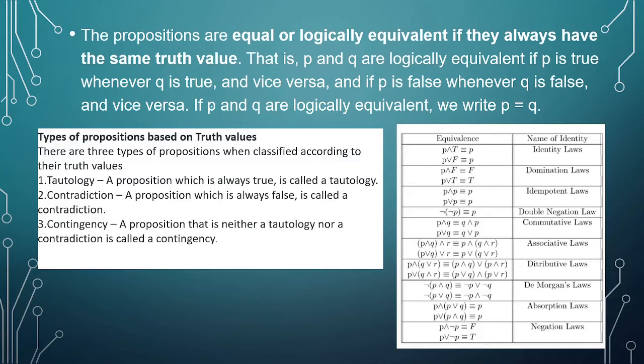So 2 propositions you will say are logically equivalent when they have the same truth value. For example, if P and Q are your propositions, then when will they be logically equivalent? When P is true whenever Q is true, or vice versa, or P is false when Q is false and vice versa. Okay, so both should be true or both should be false. Then they can be logically equivalent.